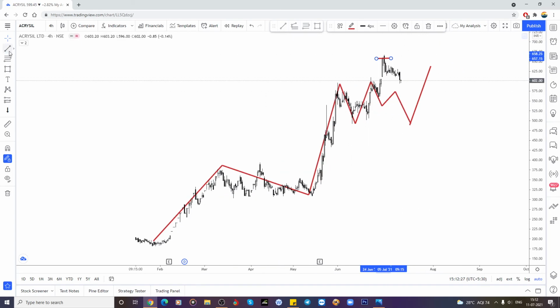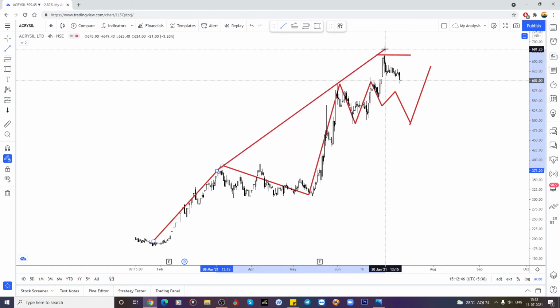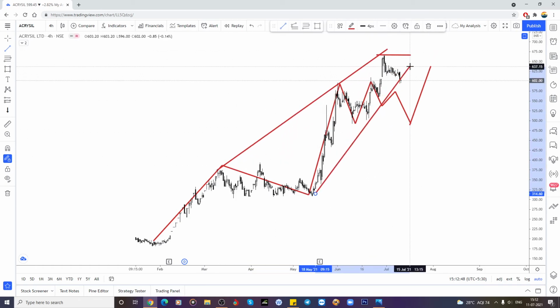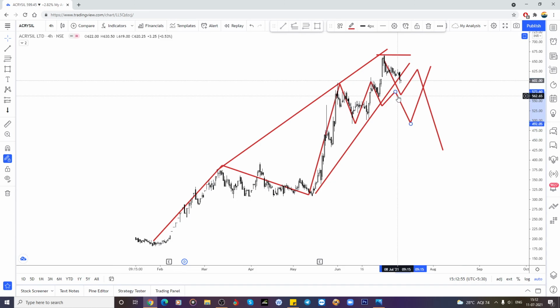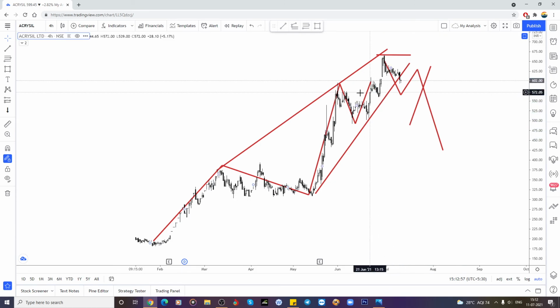Let's wait, because buying here means only if it goes above the high do we need to buy. Otherwise here it's looking like 1 2 3 4 5. It's not looking like, it is a five-wave structure. It's already completed. So 1 2 3 4 5 is done, means we are in the downtrend, an impulsive wave to the downside, and I'm looking for the A, B and C. One second, I will remove this and clear.